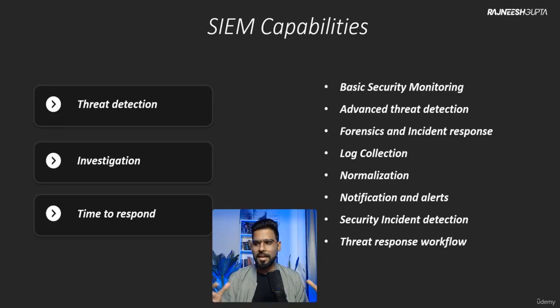So SIEM collects logs from each and every security appliance and other normal server or desktop infrastructure as well, so that it can correlate what's happening where, and whether it is the same threat moving in from different appliances or detected by different security appliances. So the first part is to detect the threat.